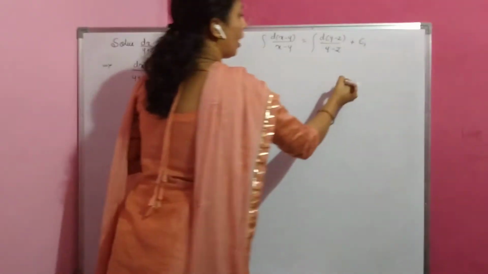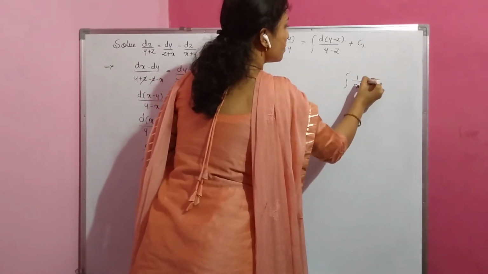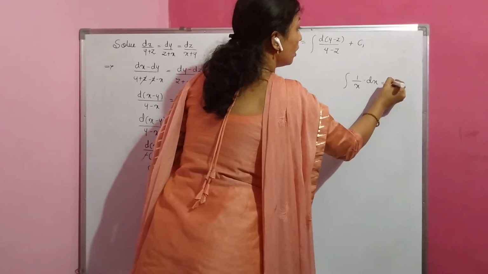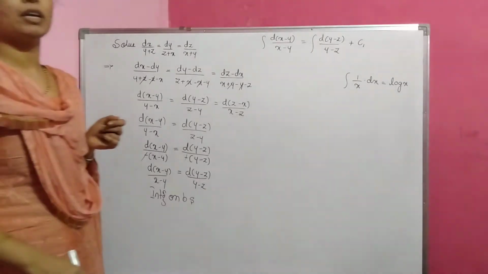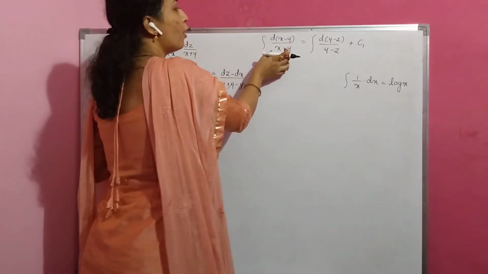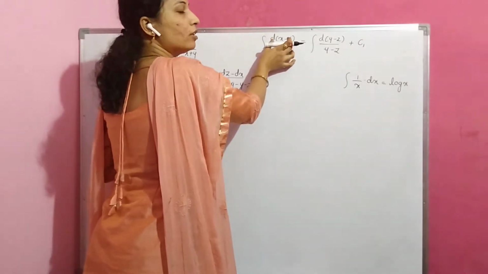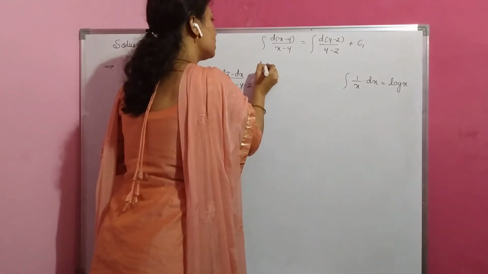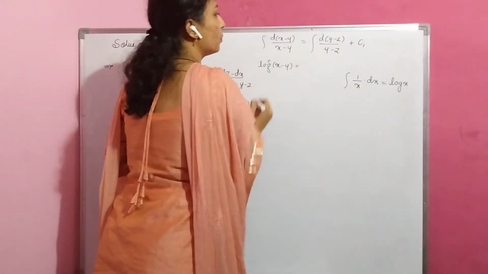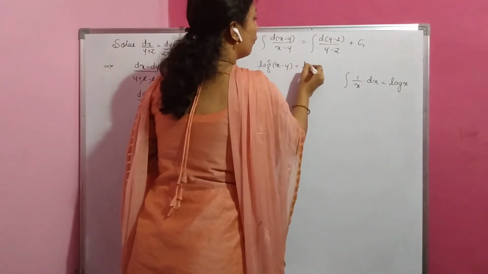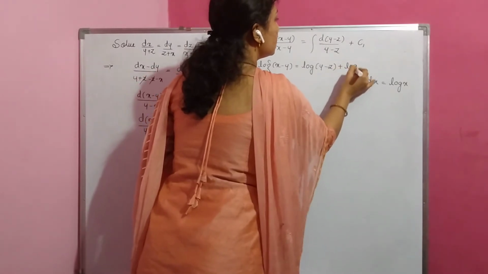Now we already have the formula: integration of 1 upon x with respect to x can be considered as log x. Here instead of x we have the function x minus y, and integrating with respect to x minus y, it is nothing but log of x minus y, and this is equal to log of y minus z, and this c1 can be written as log c1.